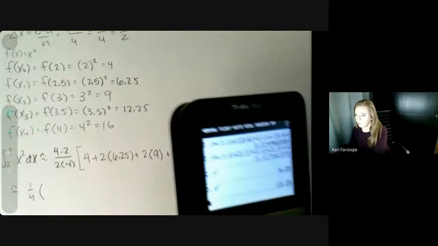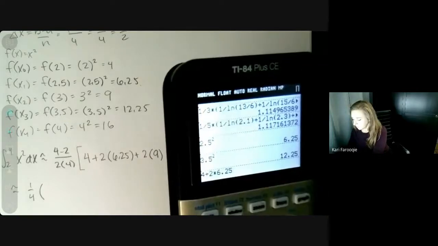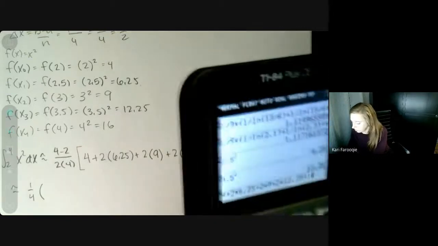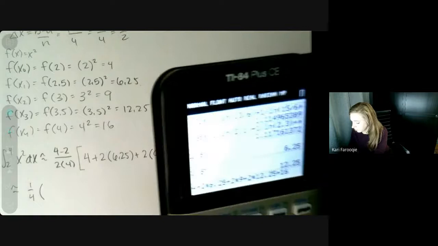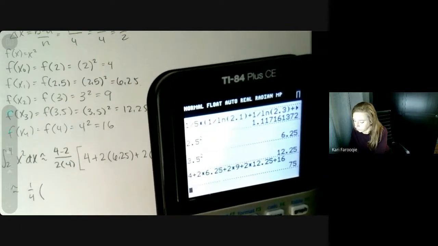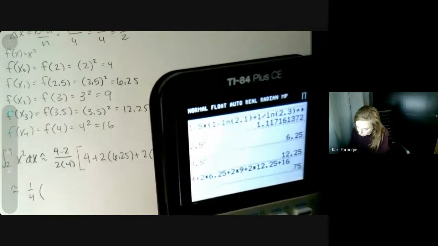I will show you my screen. Let's see, 4 plus 2 times 6.25 plus 2 times 9 plus 2 times 12.25 plus 16. And that is 75. Double check. 16. Okay.